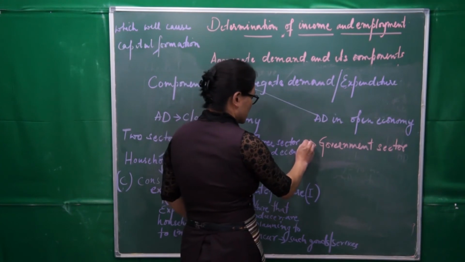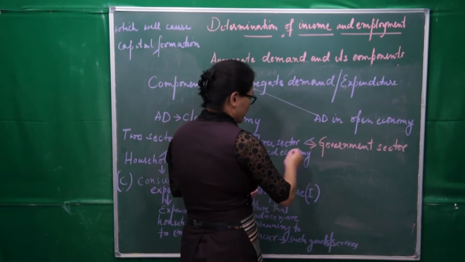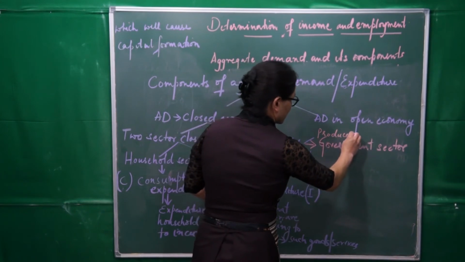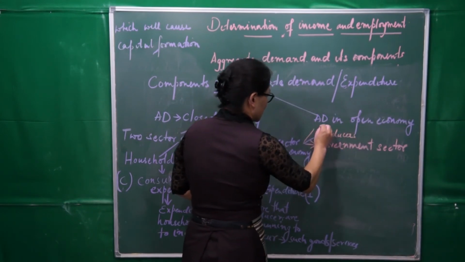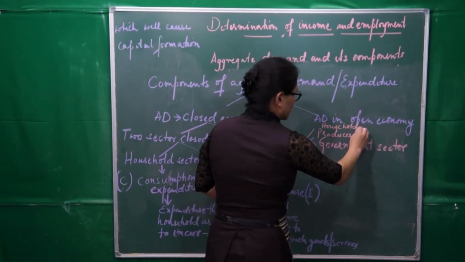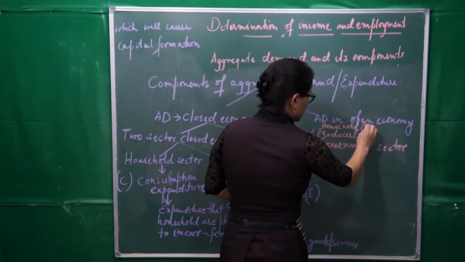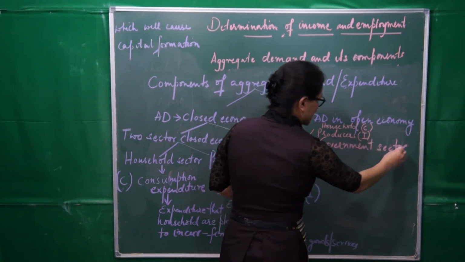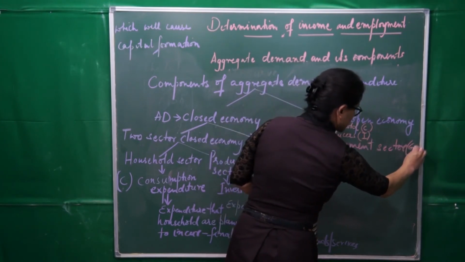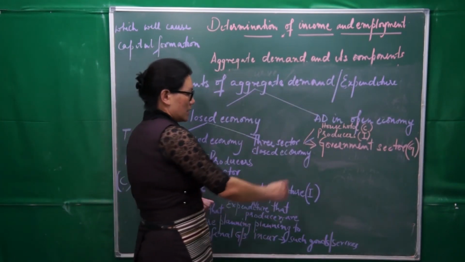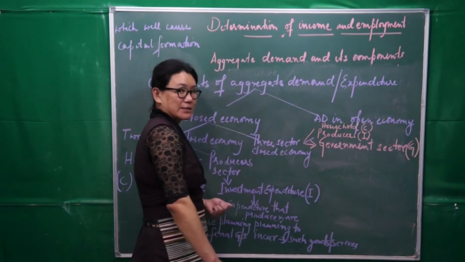Okay, so I'll write all. So we have producer sector and household. So household C, this is I, and government sector, it is indicated by G. All right? Okay.